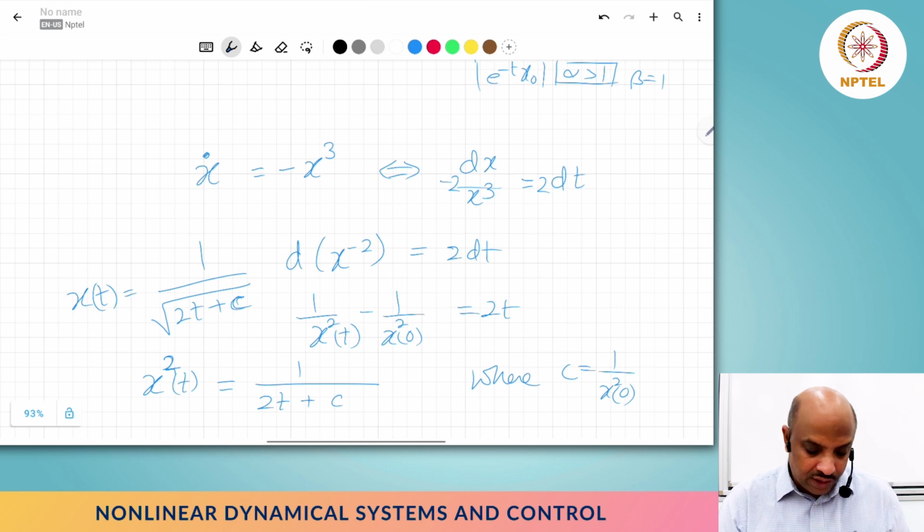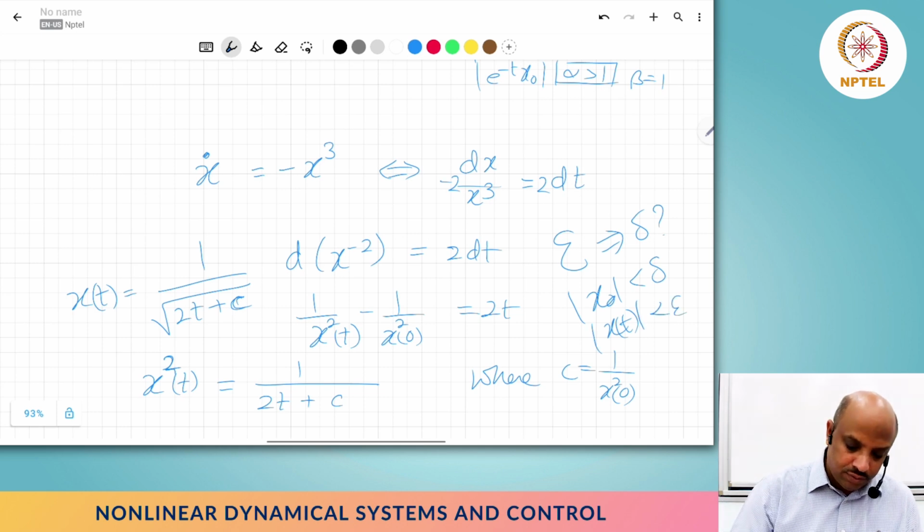So what about finally the question of Lyapunov stability? Given an epsilon, can we find a delta such that for all x0 with norm less than delta, x of t is less than epsilon?